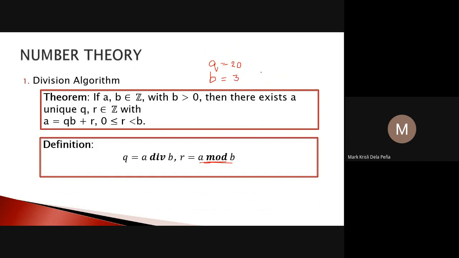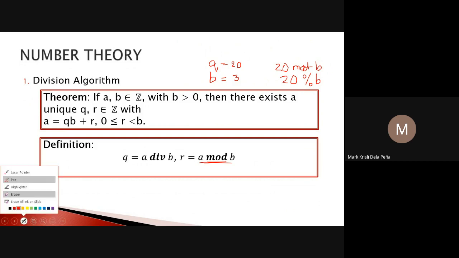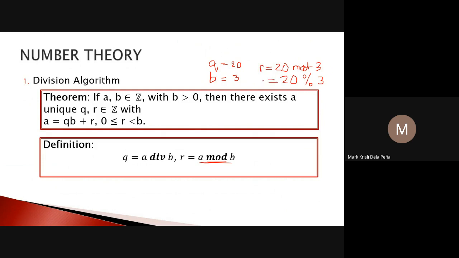If you are asked for the modulo, so if we say 20 mod B, commonly mod is expressed like this, where B is 3. So mod 3. So we are actually asked what is the remainder when we divide 20 by 3.